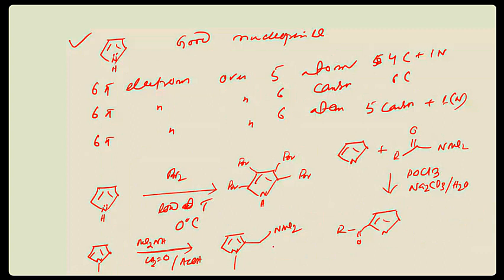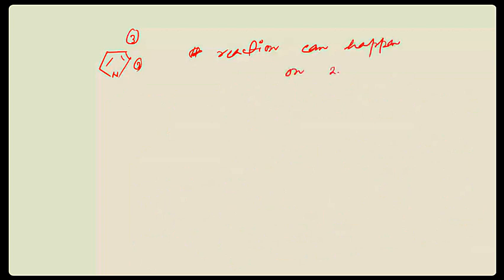Now I will end by discussing one thing. In pyrrole, the attack can happen. This is pyrrole. This is the 2 position. This is the 3 position. Reaction can happen on the 2 position as well as the 3 position.